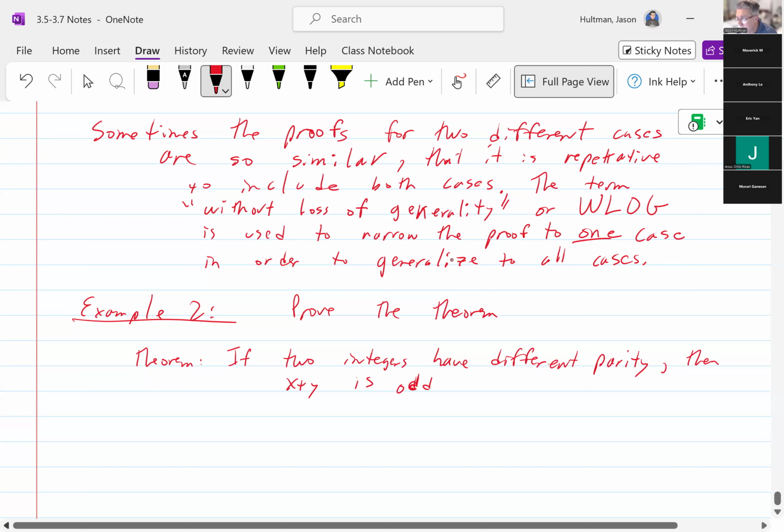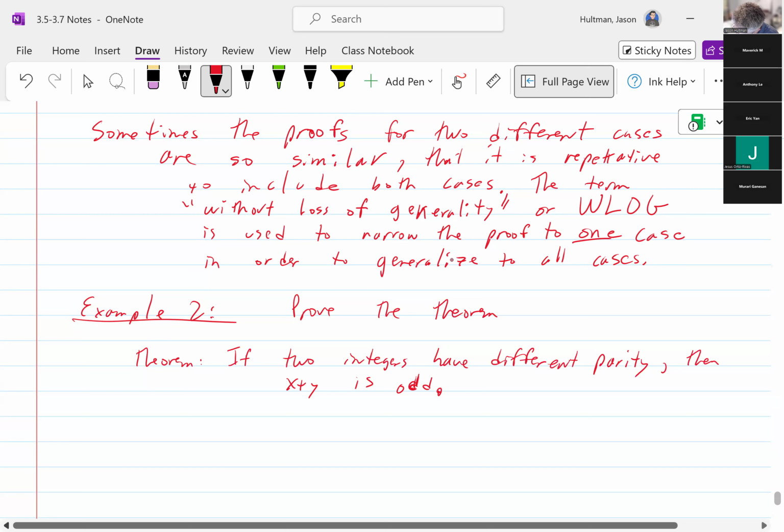We're saying that if we add an odd to an even, we get an odd. Two evens make an even, two odds make an even, but an even and odd make an odd.